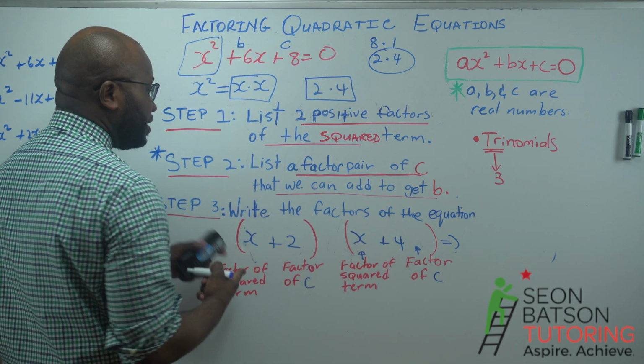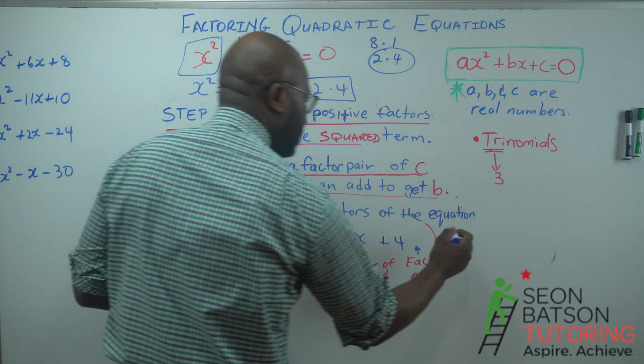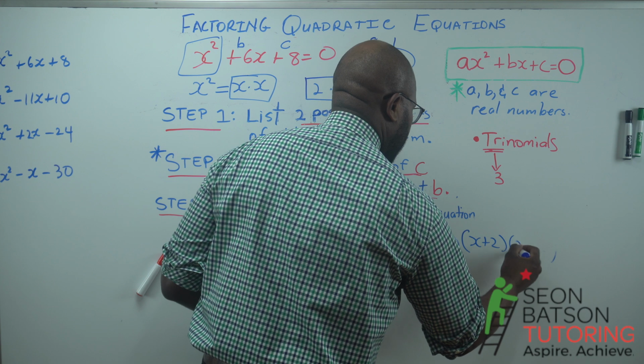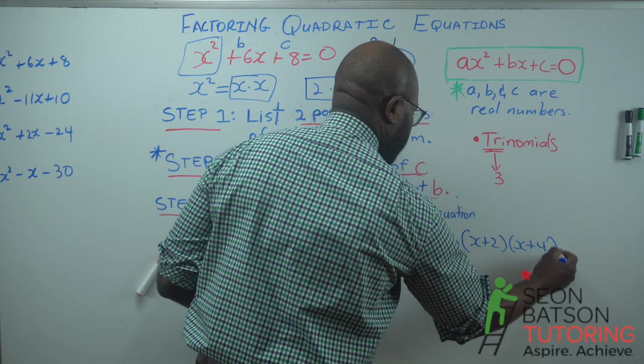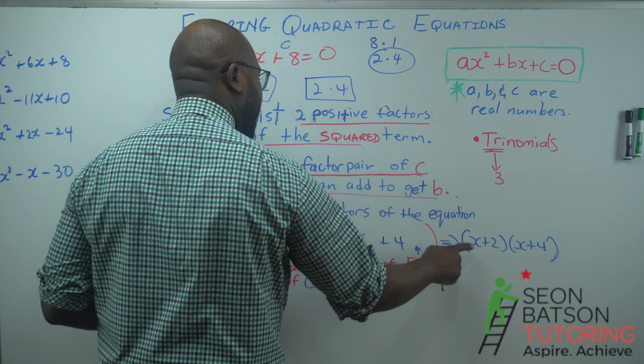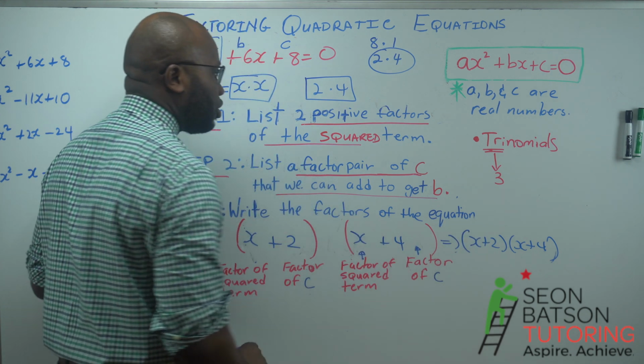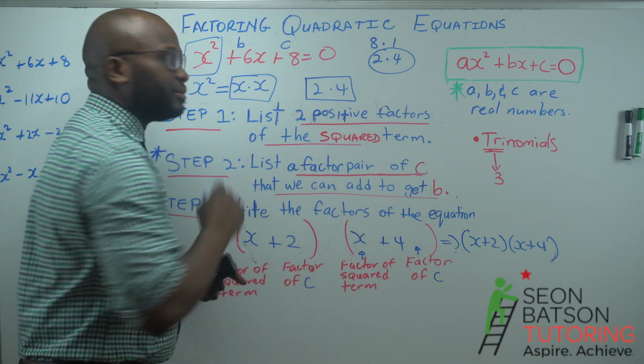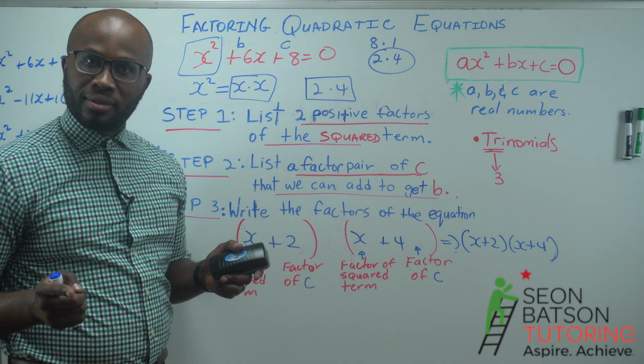So we have successfully factored the equation. The factors of the equation are x plus 2 and x plus 4. If we were to multiply x plus 2 times x plus 4, we will get x squared plus 6x plus 8. So far, so good?